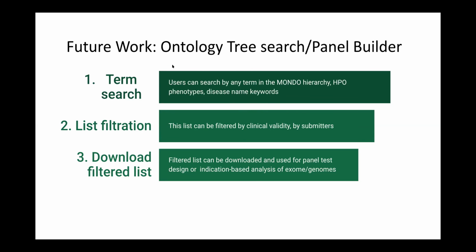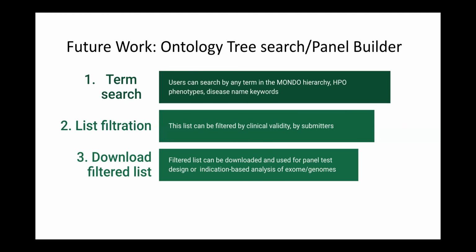Great, so I will talk about just this last bit of future work, and then we can go to the website and I can show you around there. This would be the most complicated of all, of course, the ontology tree search and panel builder. In theory, we would have a term search. You can log in so you can save everything, where users can search any term in the Mondo hierarchy or HPO phenotypes or disease name keywords.